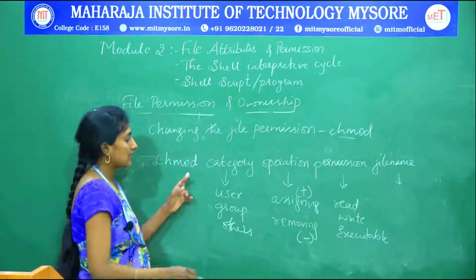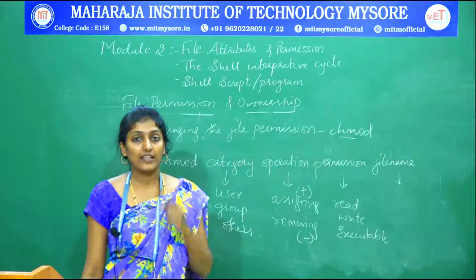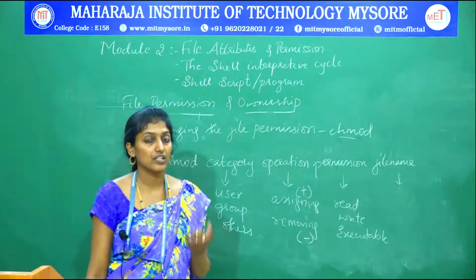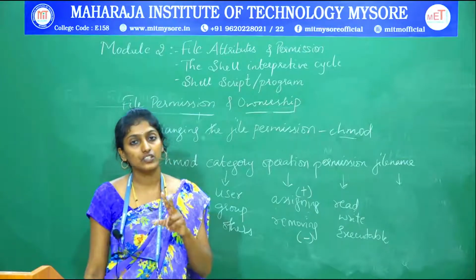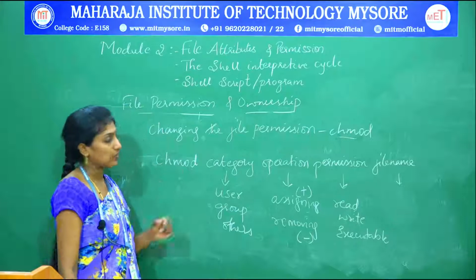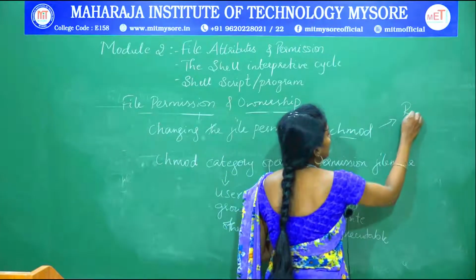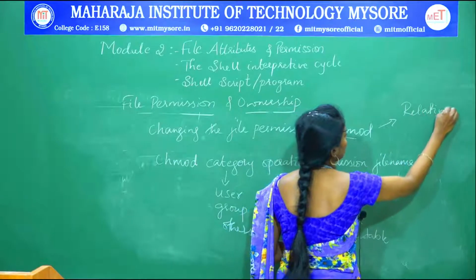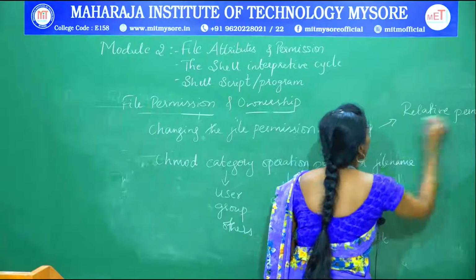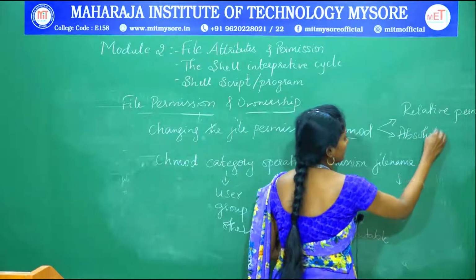Within chmod, that is changing the file permission, we can understand it better in 2 ways. That is, in 2 ways you can understand how to change the file permission. One way is relative permission, and the next one is absolute permission.